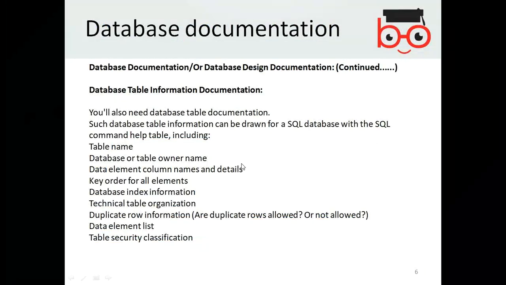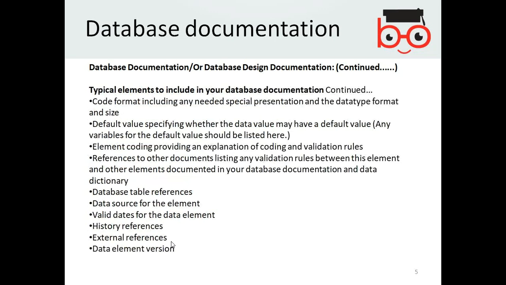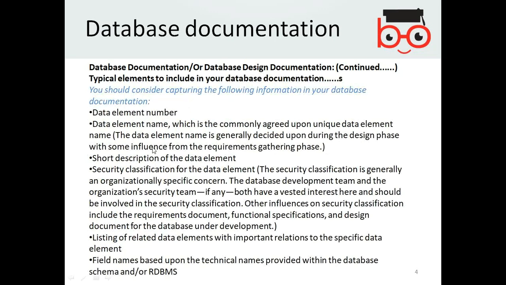If it is a database table, then you should be concerned about the table name, the table owner name, the data element column names and details, key order for the elements, that is, how they will be sorted, database index information, technical table organization, duplicate row information, whether duplicate rows are allowed or not, data element list, and table security classification. These things are related to the table, whereas in the previous slide, things were related to a data element.